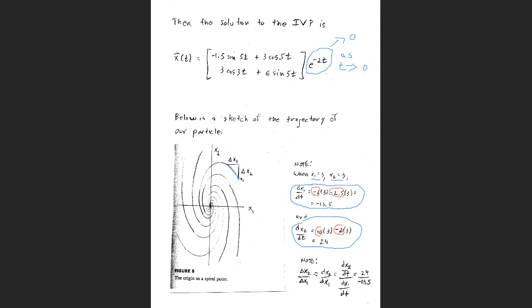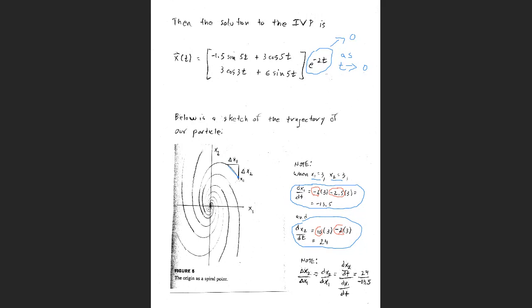And this is the key to determining how the particle is moving and why it's moving counterclockwise. Because what I've done here is at x0, I've drawn a delta x2 and a delta x1. How many have seen that kind of thing in calculus 2? Right triangle, delta x1. You're used to delta x and delta y, but you've seen that.